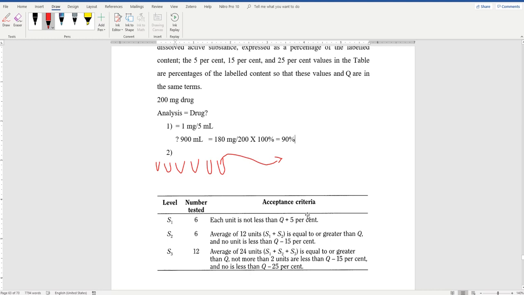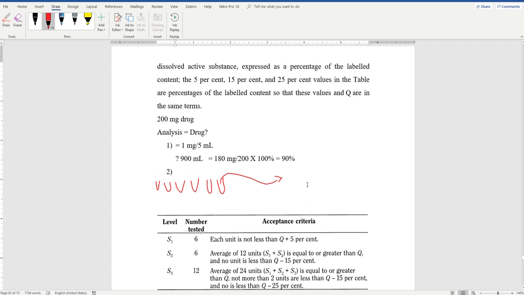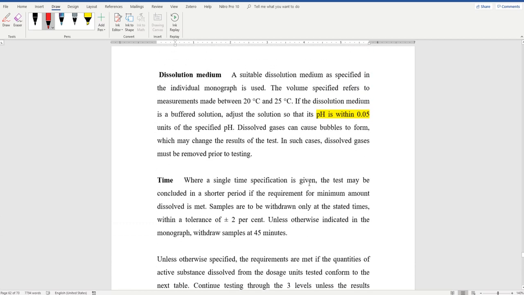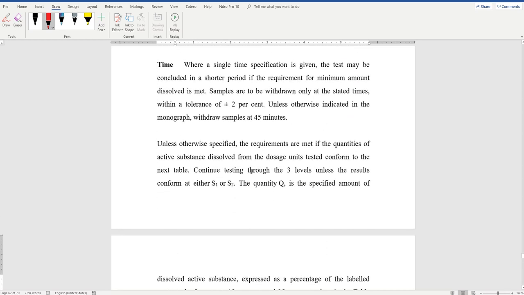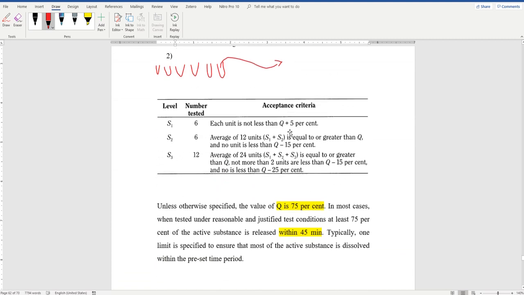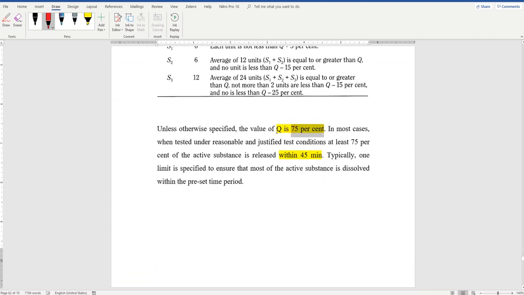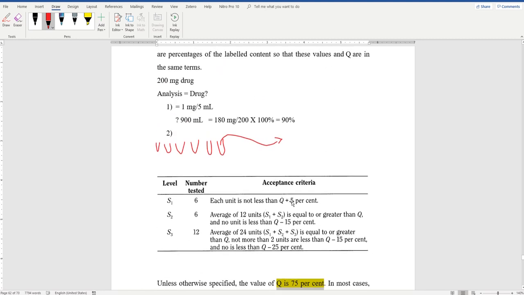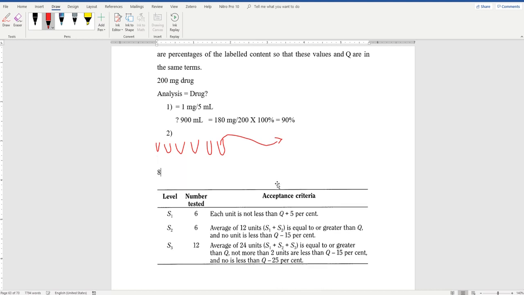Q is given in the pharmacopoeia. If it is not given, it usually means 75%. If Q is not given, then consider it as 75%. So 75% plus 5 is equal to 80%, right?